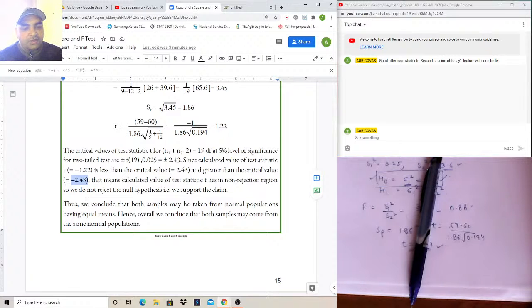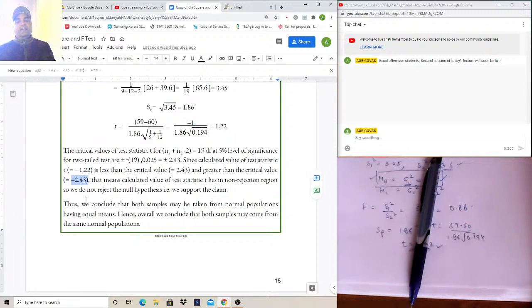Thus, we conclude that both samples may have been taken from normal populations having equal means. So overall, because the variance is the same and the mean is the same, we can conclude that both samples may have come from the same normal population.